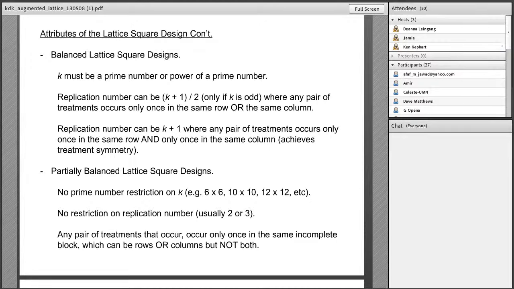Perhaps a better way to say this: of all the possible pairings of treatments or genotypes, half of those will occur once within the set of rows, and half of them will occur within the set of columns.